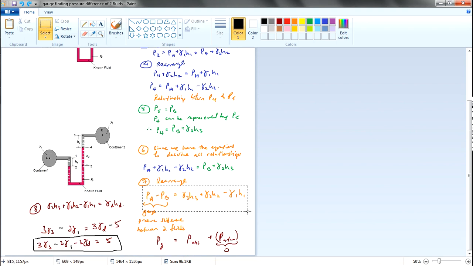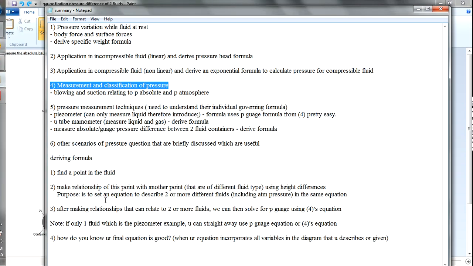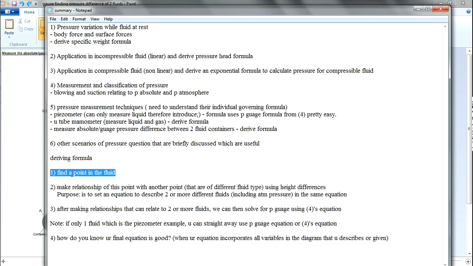Once you reach here, I believe in the test they will give you all the parameters so you can solve them easily. But this is my understanding. I didn't tell you earlier, so yeah, waste your time, but if you're interested, you can still continue to dwell upon. Mainly it's just to find a point in the fluid.